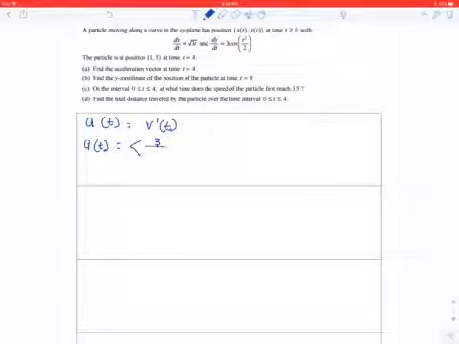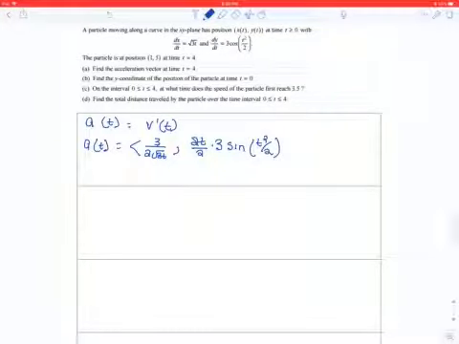So the acceleration vector is going to be 3 over 2 times the square root of 3t, comma, and then the derivative of this is going to be 2t over 2 times 3 sine t squared over 2.